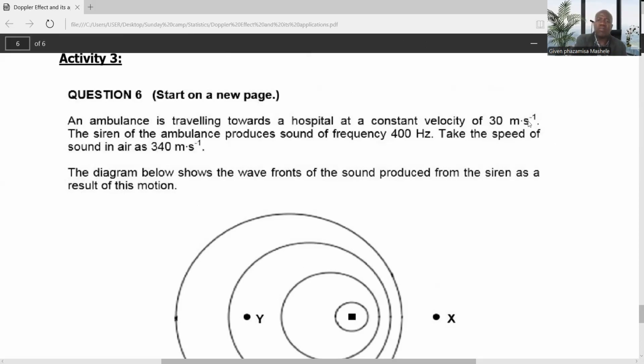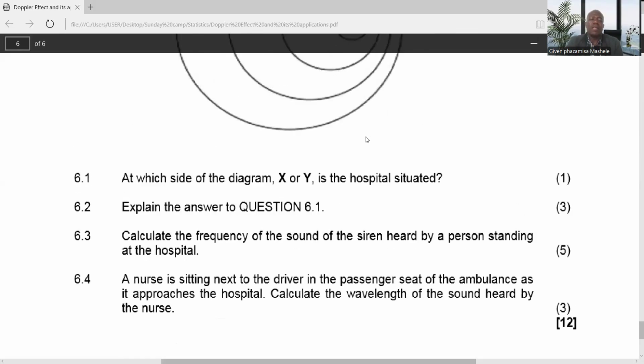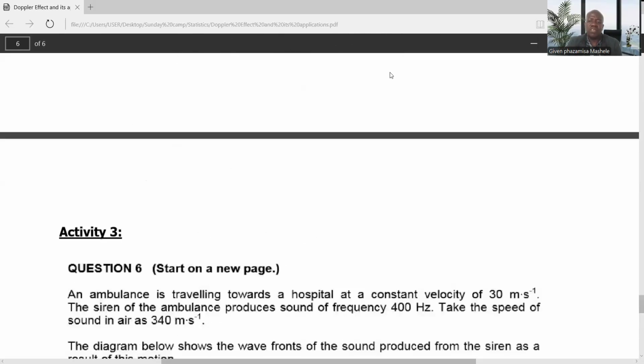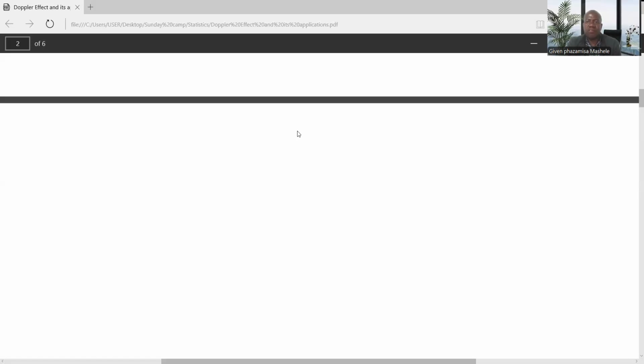And we know in physics, when they say constant speed, it means the acceleration is zero. Final and initial are equal. So it's very important. Let me just go through the first question, ladies and gentlemen, to address what I just said. Then the rest shall follow.